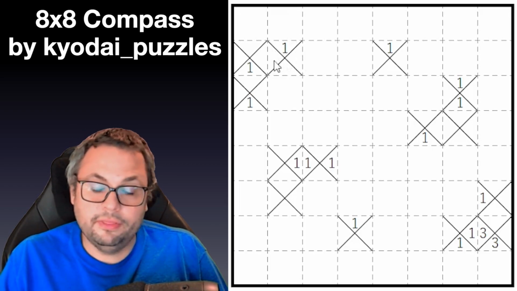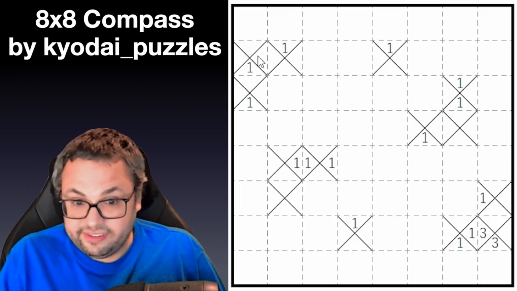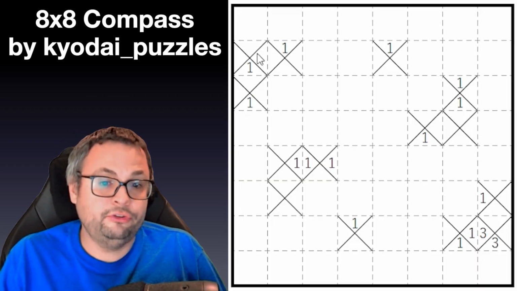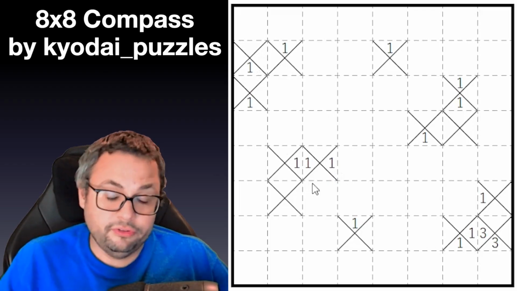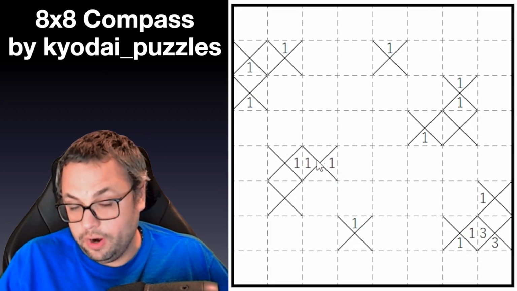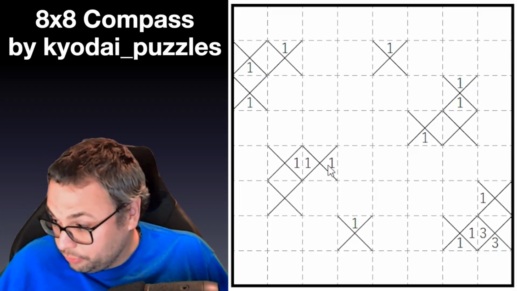If there's no number, there's no information. This region contains exactly one cell south of this compass, and it means strictly south, so it's never counting itself. Some of them have more, so this one tells me there's one east and one west. Okay, so that is how compass works.